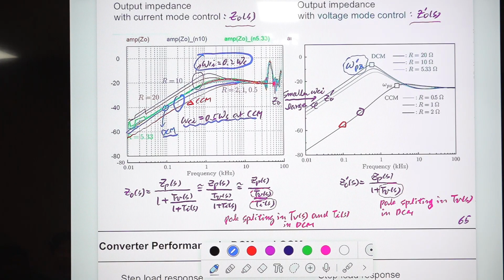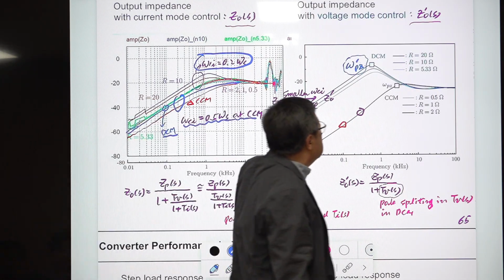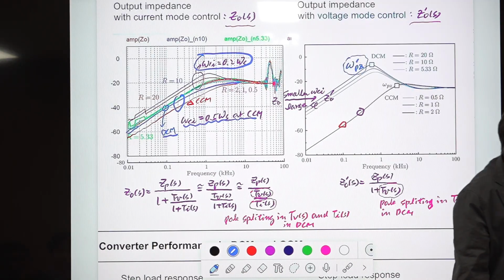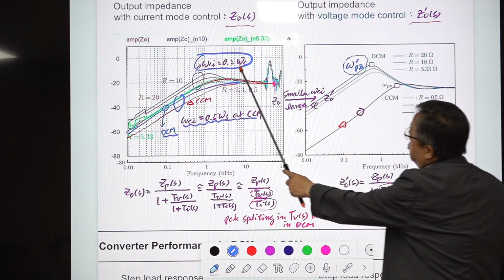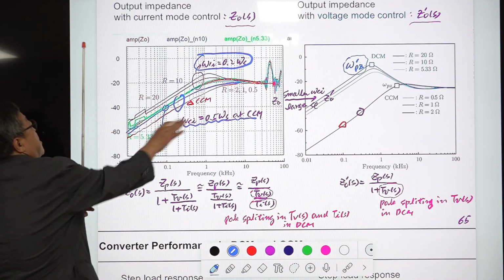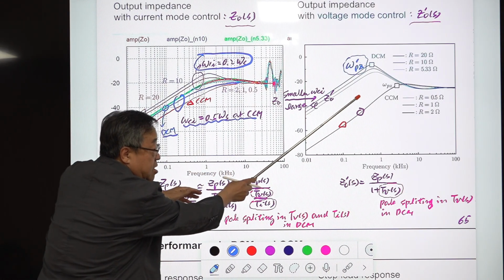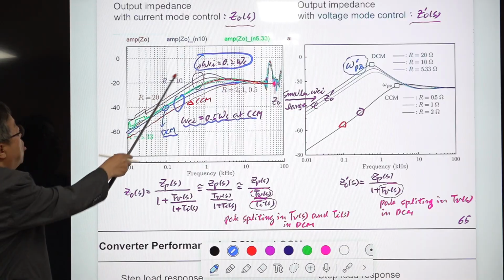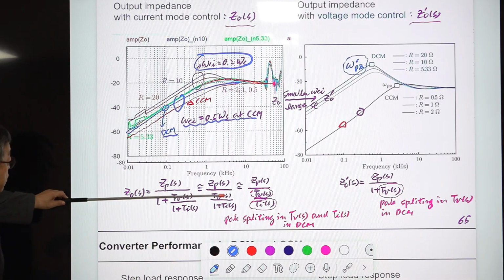Understand this? Okay. This is not fair game. So this is optimized. This is increased to the extreme case. Maybe the best possible design. And this is the very conservative design. If you increase this one to 0.5, pushing everything to the higher frequency, then you will obtain something very similar to this. Why it remains almost the same between CCM and the DCM is also shown here.